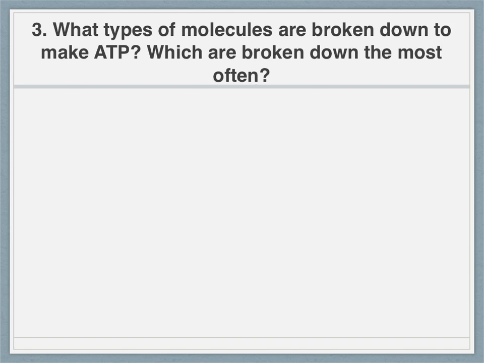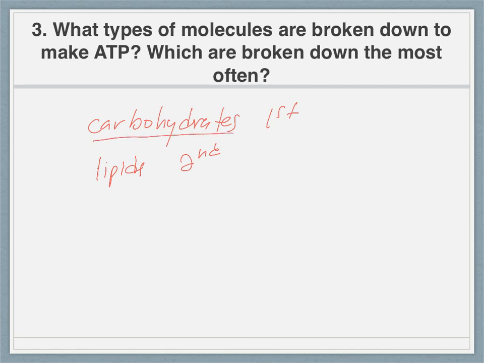The types of molecules that are broken down to make ATP are carbohydrates. That would be the first choice. And lipids, which would be the second. Carbohydrates being broken down most often is first choice, but they don't give the most energy.